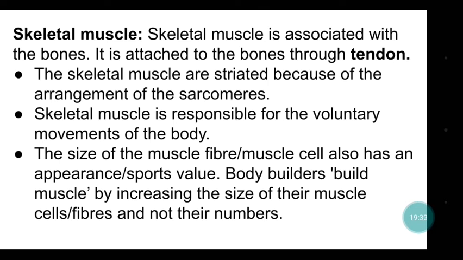So the skeletal muscles are associated with the bones. They are attached to the bones through tendon. Tendon is the material through which the muscles are attached to the bones. The skeletal muscles are striated because of the arrangement of sarcomeres.